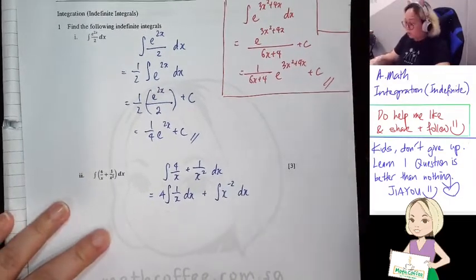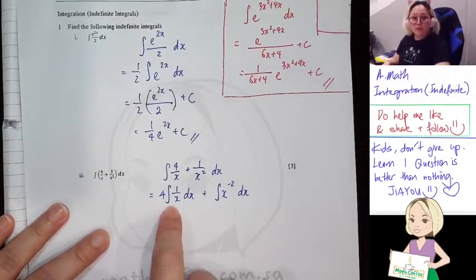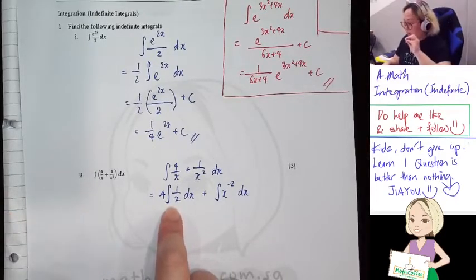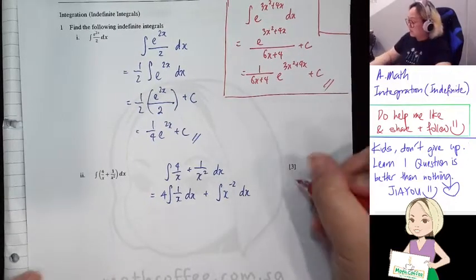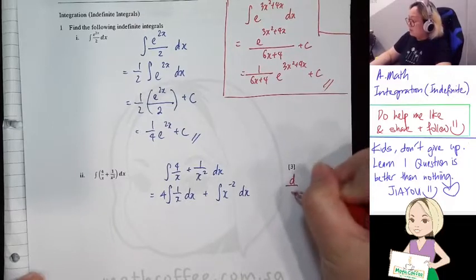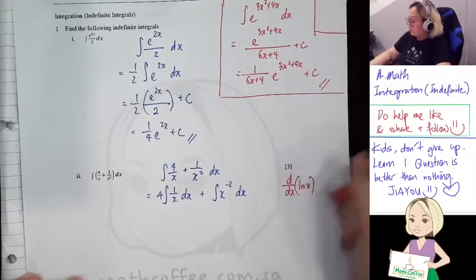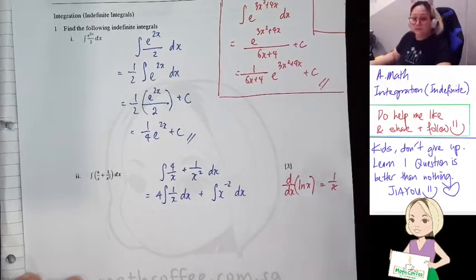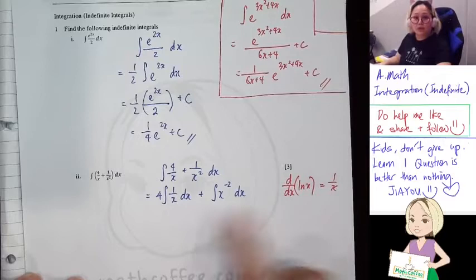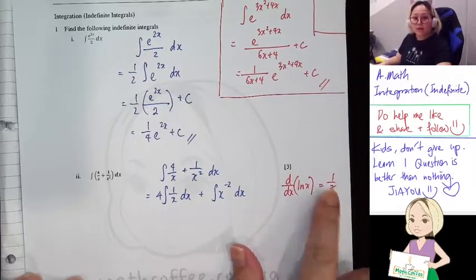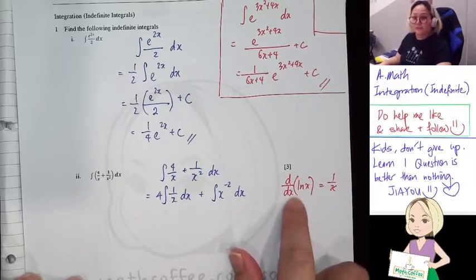Take note that every time you integrate x to the power of negative 1, it is related to ln. At the side here, when we differentiate ln x, we get 1 over x. Likewise, when I integrate 1 over x, I will get ln x.